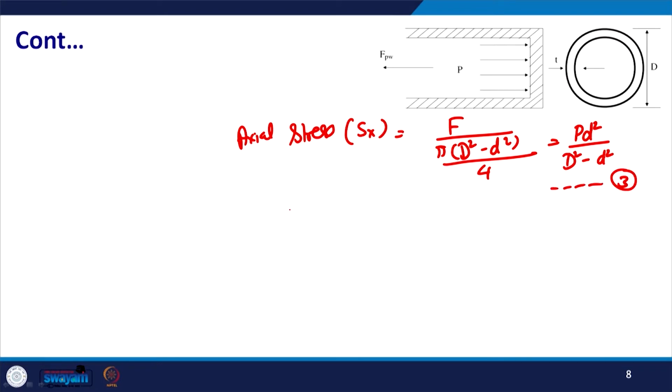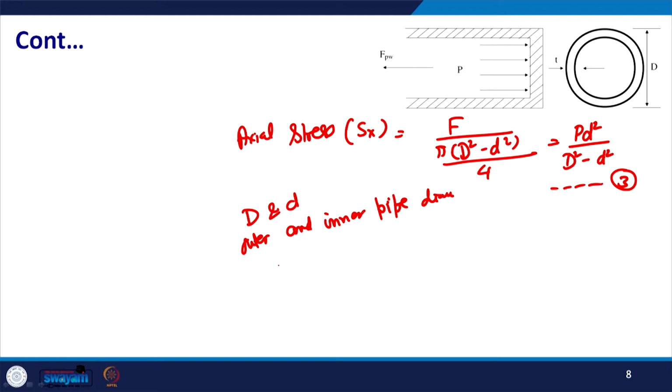Here capital D and small d are the outer and inner pipe diameter. This is less conservative than using the thin wall approximation.